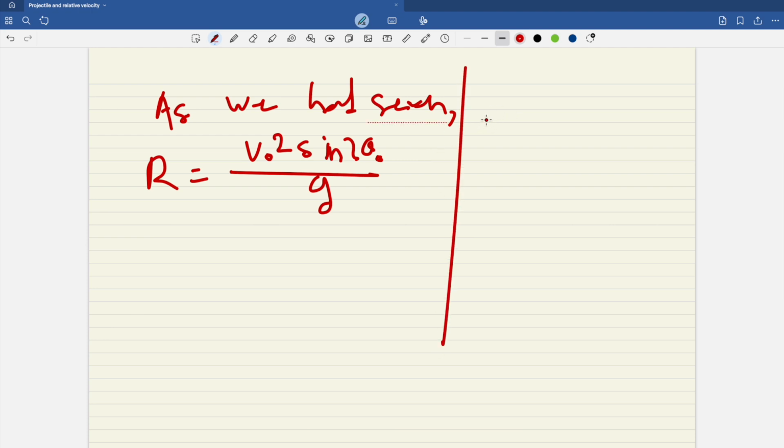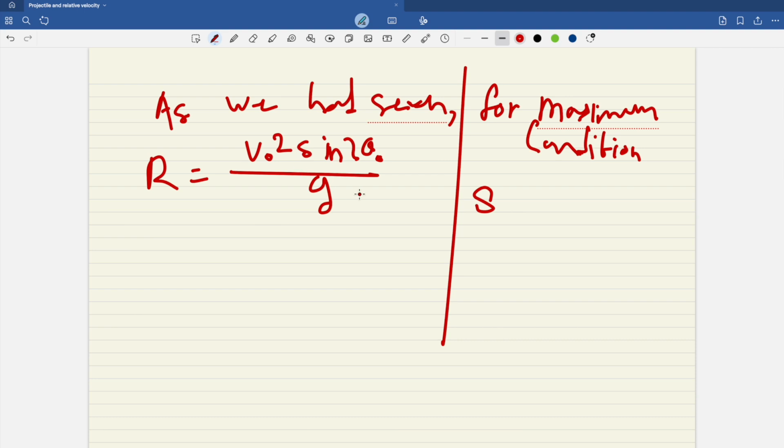For the maximum condition, the trigonometric function associated with this formula gets equated to its maximum value.